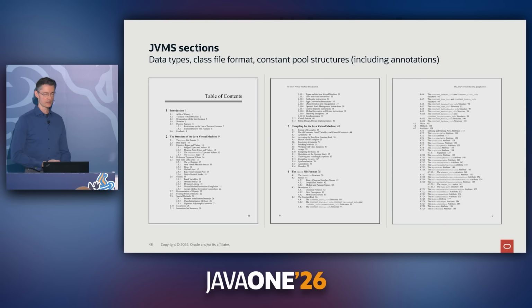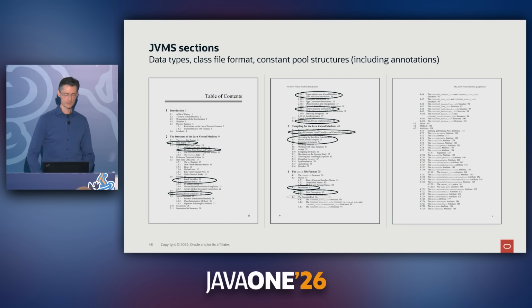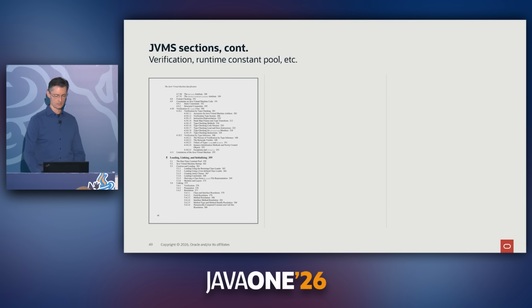The JLS isn't the only part that needs to be updated. We have to have a large number of updates to the virtual machine specification as well: data types, class file format, constant pools. There are many things that need to be updated besides just the set of instructions. Even the verification needs some small updates to handle new types.